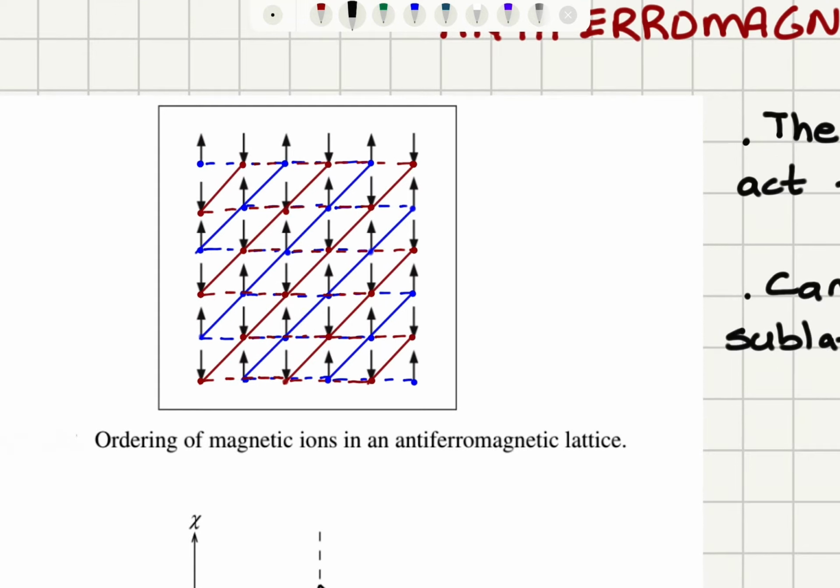So you can see we have the blue sublattice, those are pointing up, and the red sublattice, those are basically pointing down.